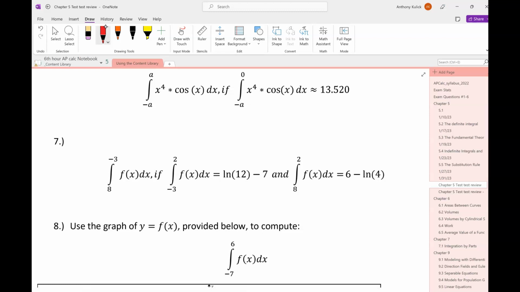So what I want to do is we are looking for the integral from 8 to -3 of f of x dx.